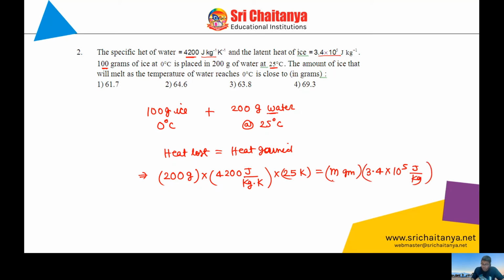So here m is unknown, and joule per kg etc. will get cancelled and Kelvin will get cancelled. So m which we will be getting over here is simply in grams. Okay, so m will be, the calculation wise you can say, 200 into 4200 into 25 upon 3.4 into 10 to the power 5.